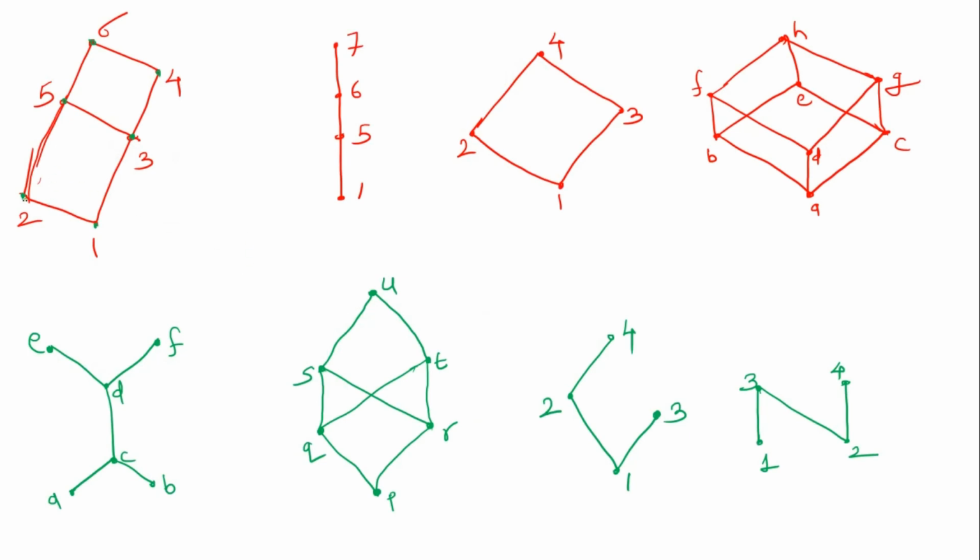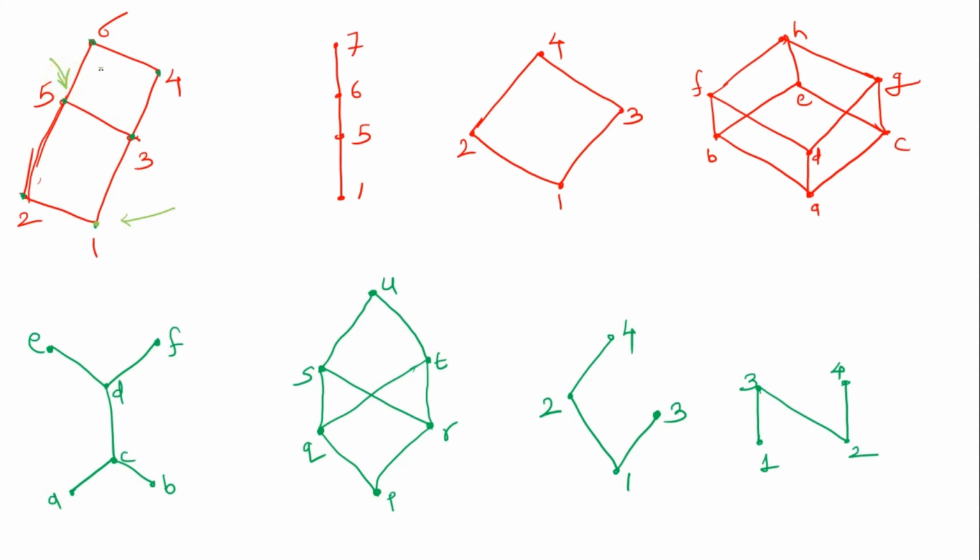For this diagram, if you consider 2, 3, we should have an element which is the greatest lower bound. From 1 I can reach 2 and 3, so this is my greatest lower bound. And from 2 and 3 there should be a point going in the upward direction. From 2 I can go to 5, from 3 also I can go to 5.